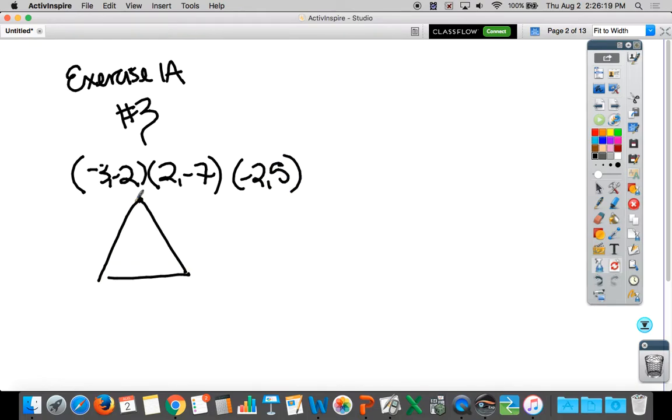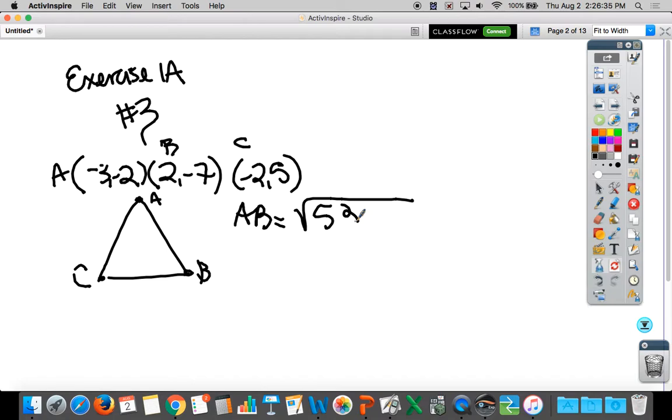You've got this triangle A, B, C. So you want to find the distance of A to B. So the distance A to B, that's 5 squared, and that's another 5 squared. So that's the square root of 50. So this I'm going to say is the square root of 50.